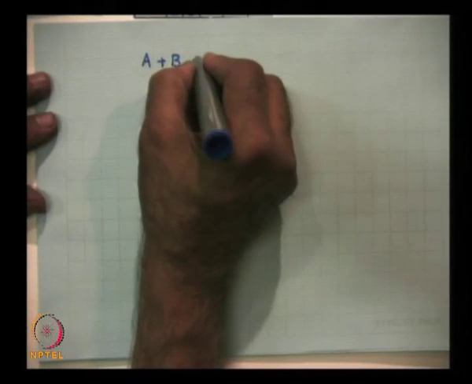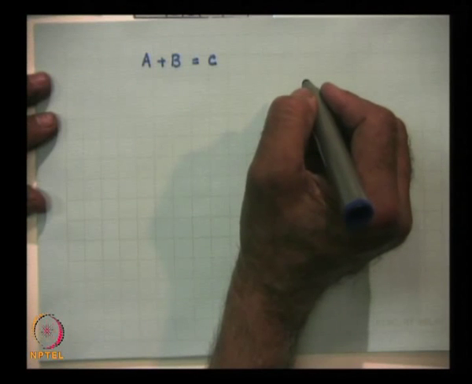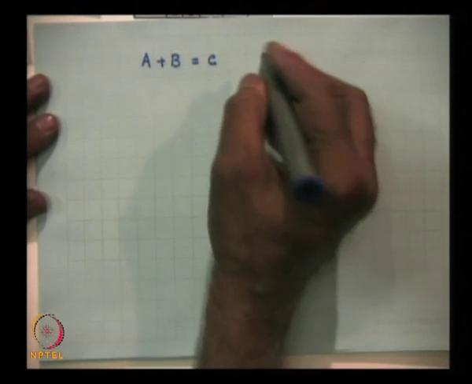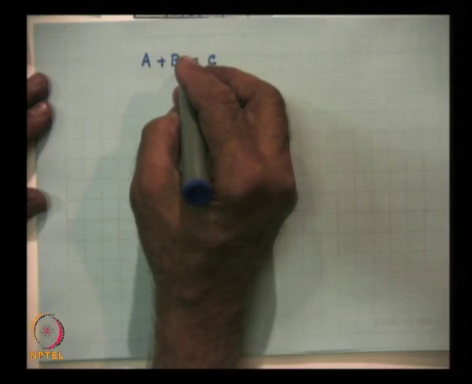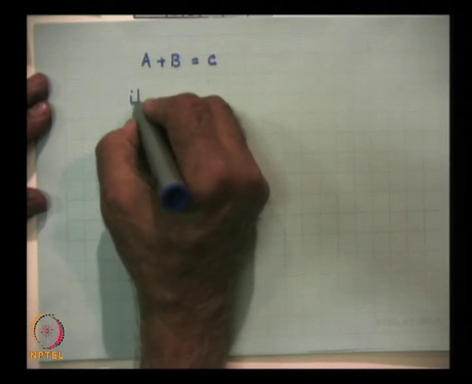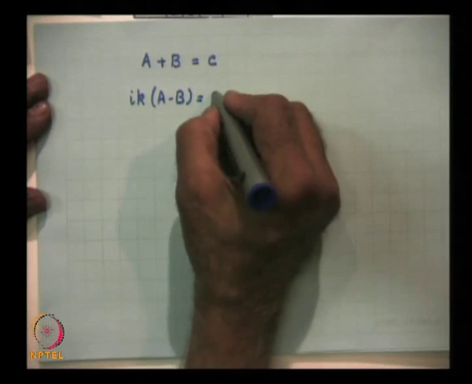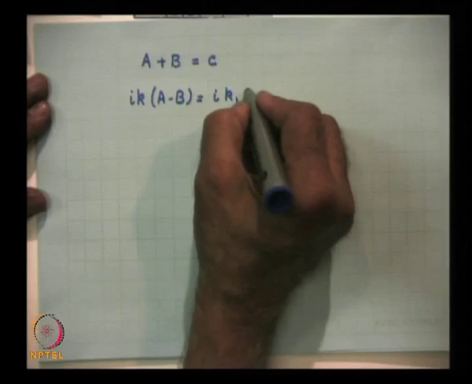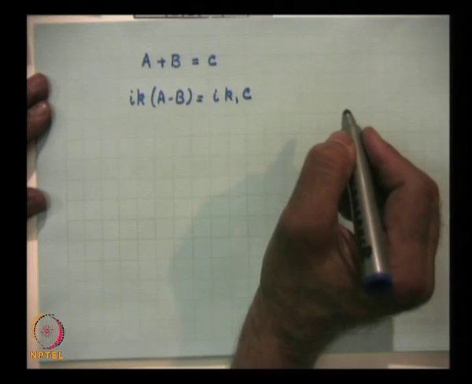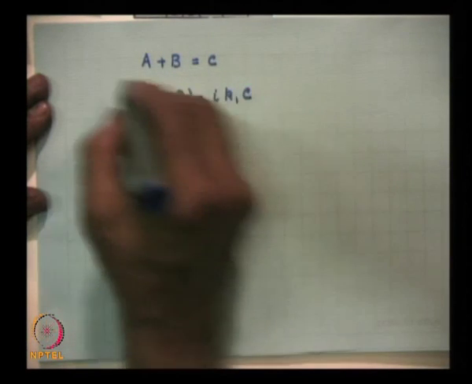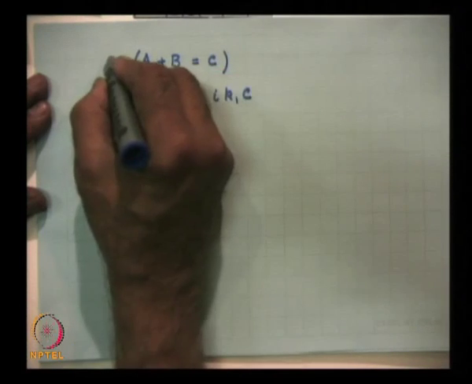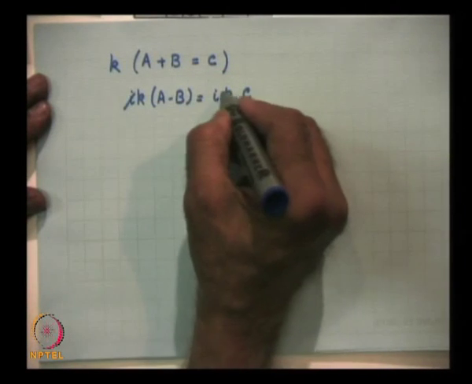Then we can calculate; let me rewrite this one step more. So a plus b is equal to c. Okay. So we will have i k into a minus b is equal to i k1 into c. So what we do now is multiply the top equation by k, and I remove the i's here.